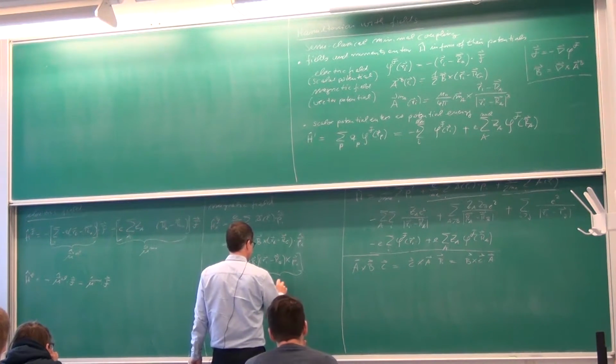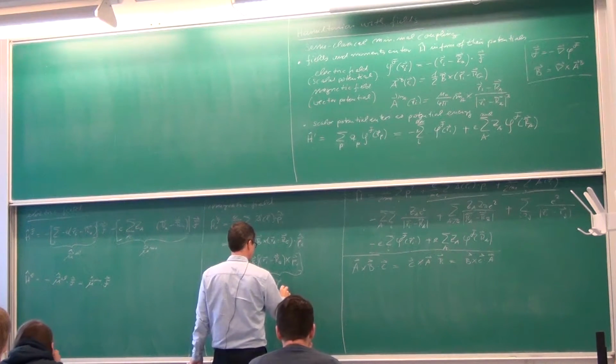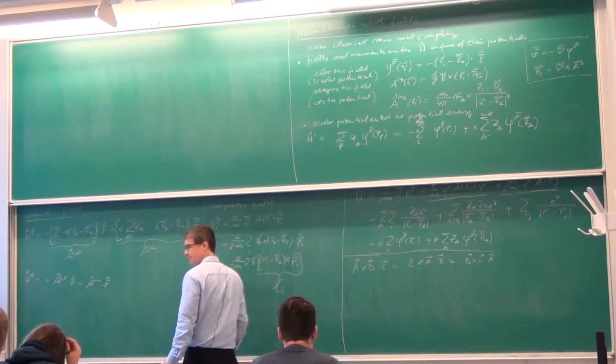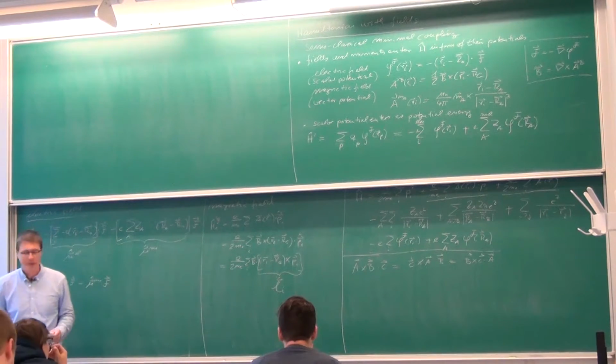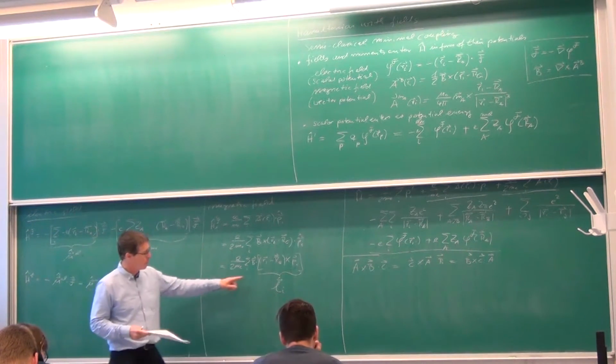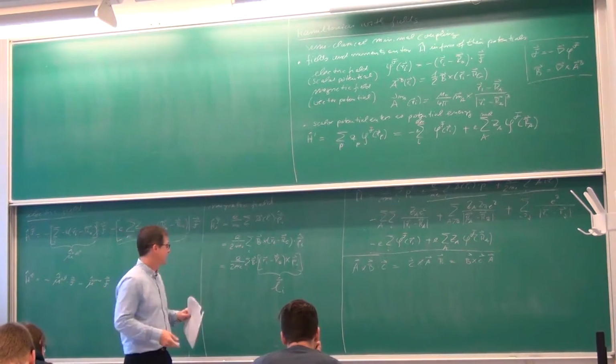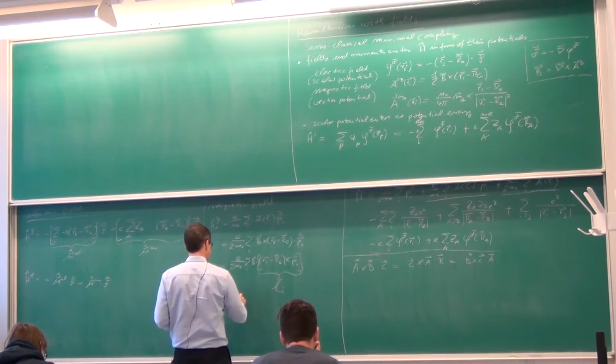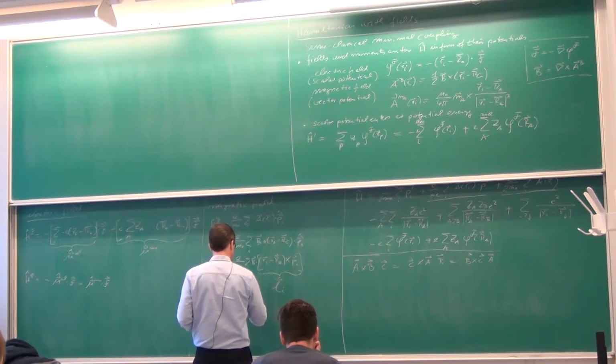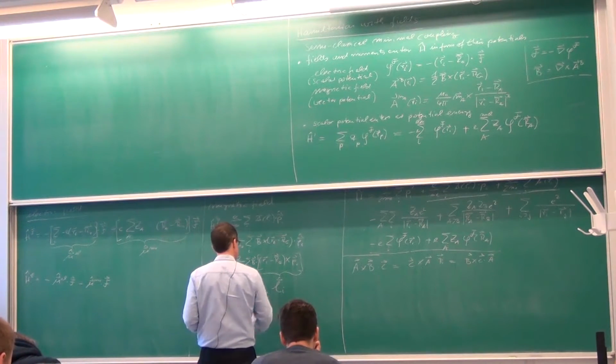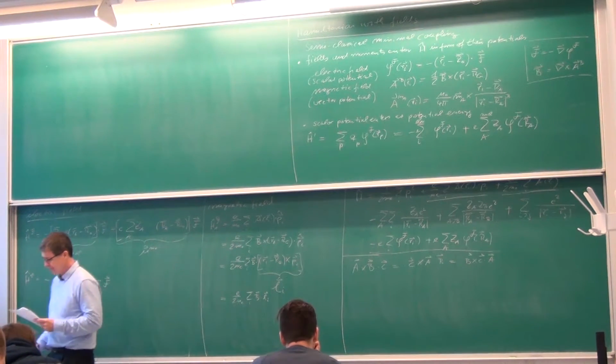R cross P is the angular momentum of electron i. So it's the angular momentum operator. So we have the angular momentum operator in here. I could write that now as e divided by 2 m_e, sum over i, B cross L_i, like this, in the first place.